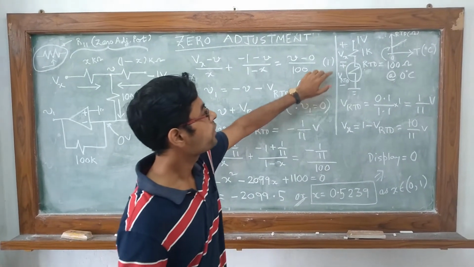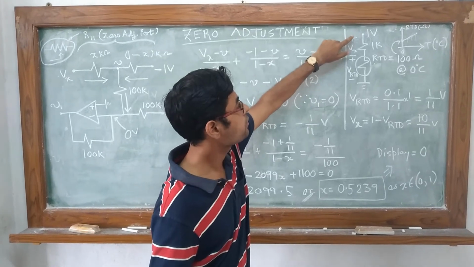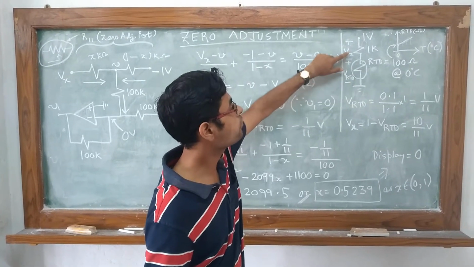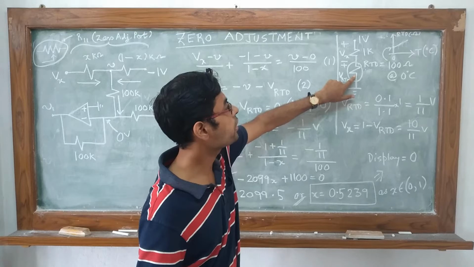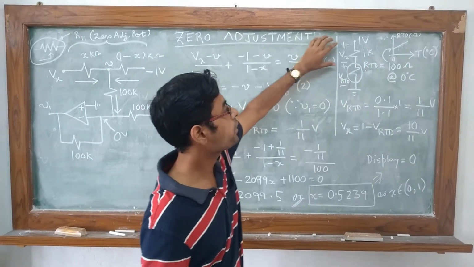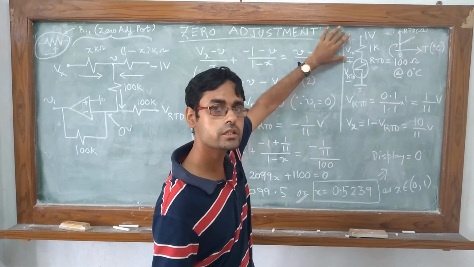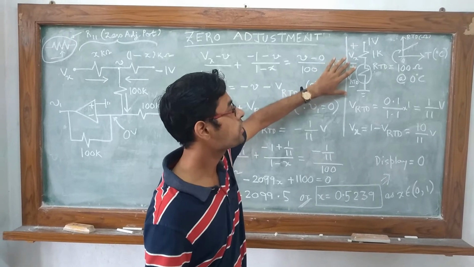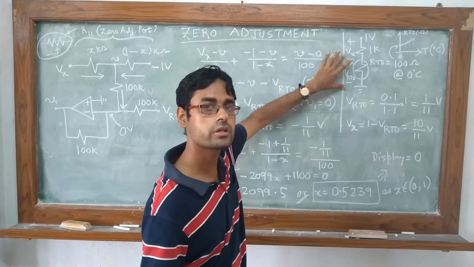So far we have seen that this is the series combination of 1K resistance with the RTD, and the voltage drop across the 1K resistance is Vx, whereas the voltage difference across the RTD was considered as VRTD.